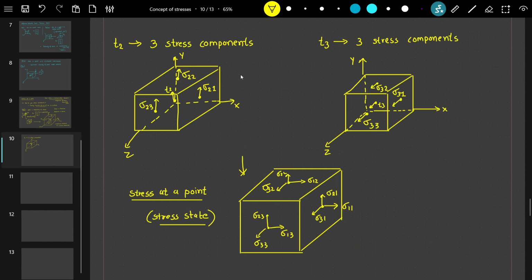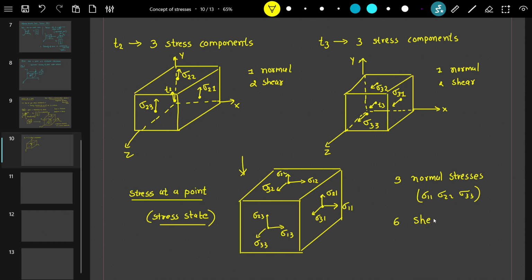Similarly, here we have one normal and two shear stress components. So for stress at a point we have three normal stresses, sigma 1 1, sigma 2 2, and sigma 3 3, and six shear stress components.